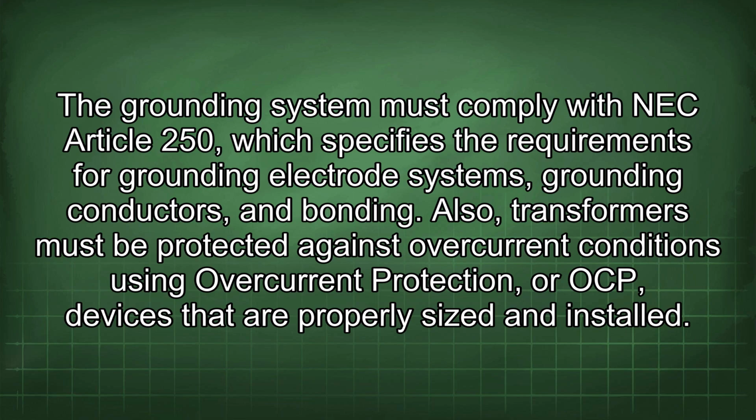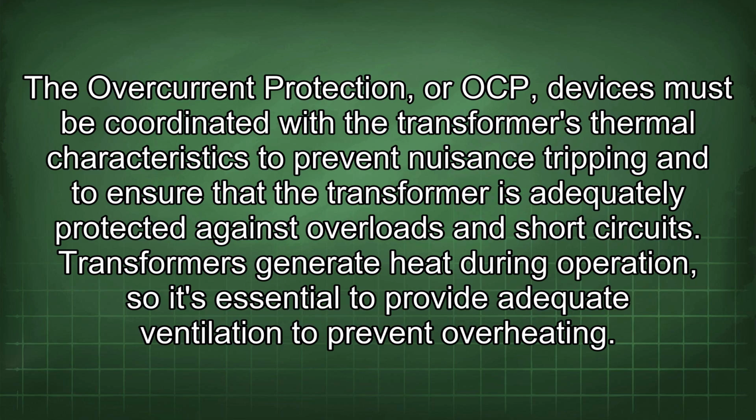Also, transformers must be protected against overcurrent conditions using overcurrent protection, or OC, devices that are properly sized and installed. The OC devices must be coordinated with the transformer's thermal characteristics to prevent nuisance tripping and to ensure that the transformer is adequately protected against overloads and short circuits.